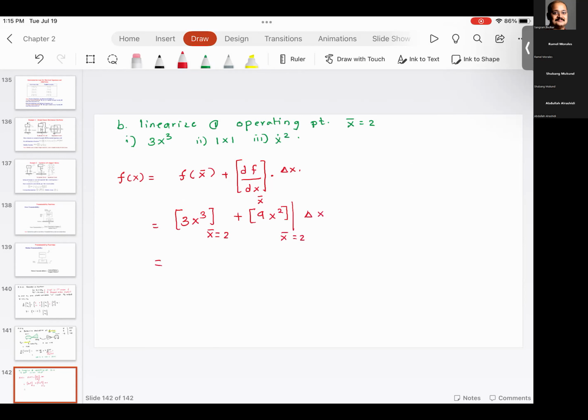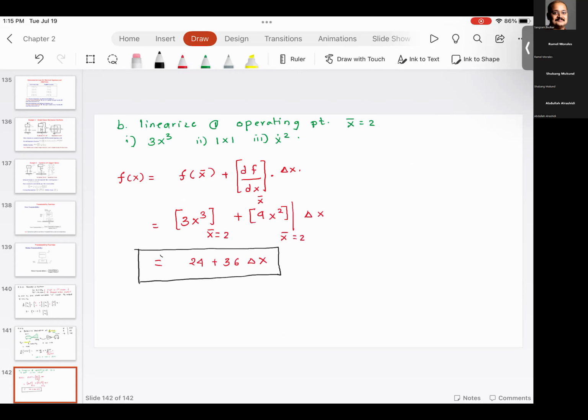So this becomes 24 plus 36 delta x. So this is the linearized equation.